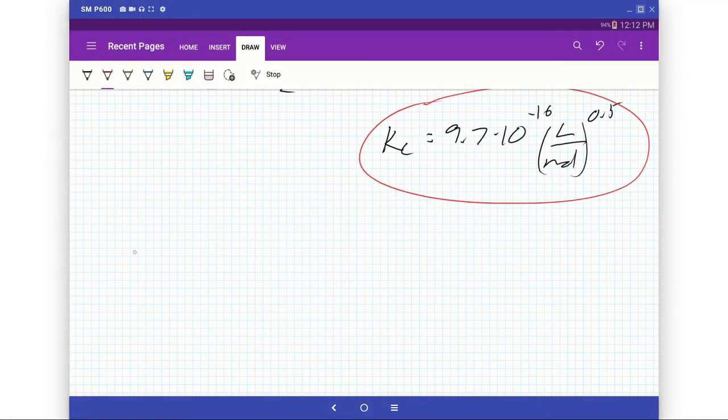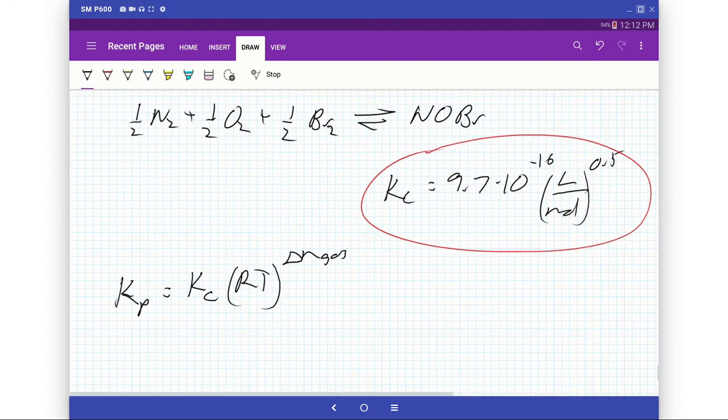And the relationship that we have is that Kp is equal to Kc RT to the delta N gas. There is the reaction, there is Kc.